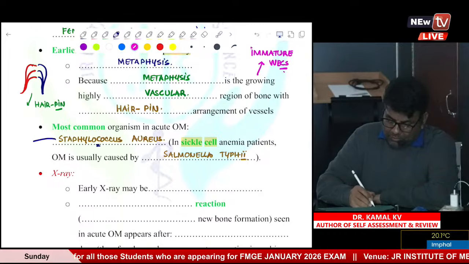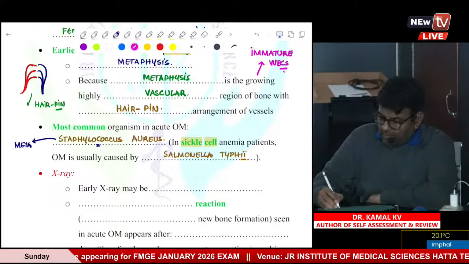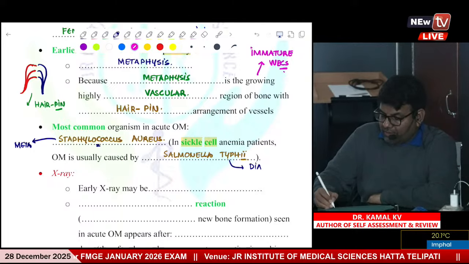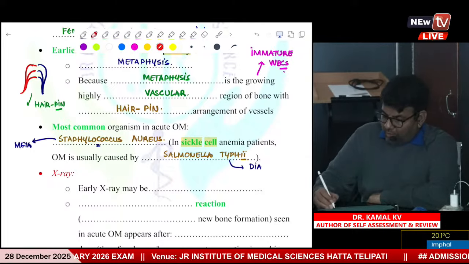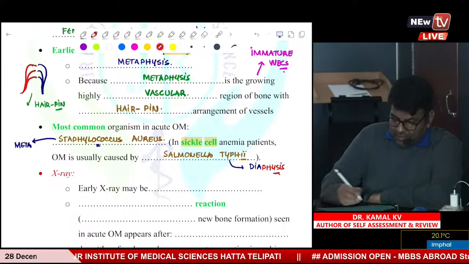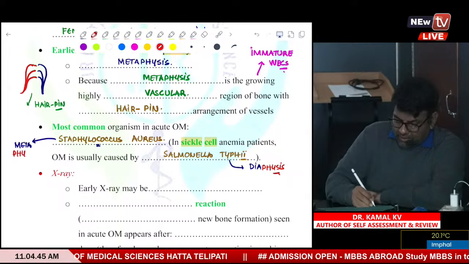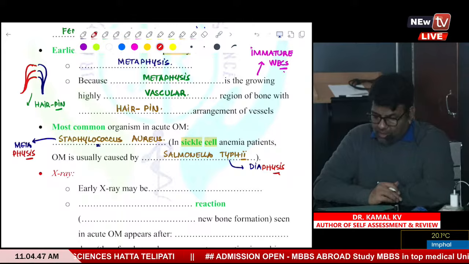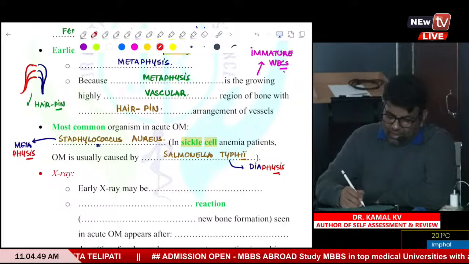Normally it is affecting which part? Metaphysis. But in Salmonella it affects the diaphysis. This is one more difference. So diaphysis here, metaphysis here. Okay. Now what do we see on X-ray?